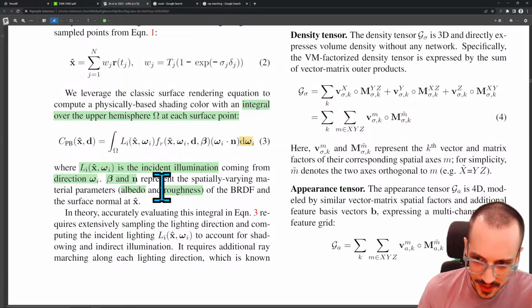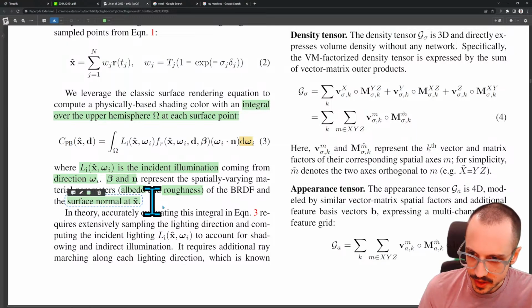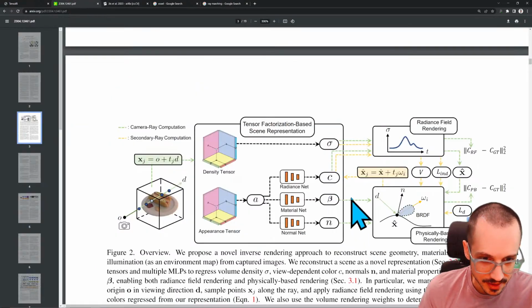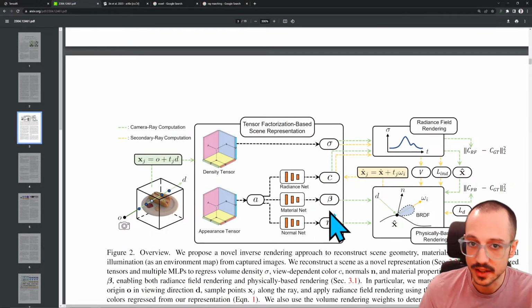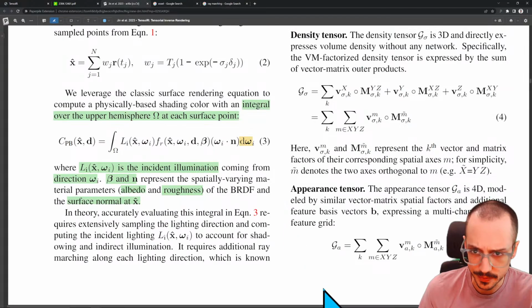Oh, yeah, okay. So beta represents albedo and roughness, and then n represents the surface normal. Okay, that makes more sense. I was like, why is n the roughness? That doesn't make any sense. So here we go, beta and n. Beta is the roughness and albedo, and then n is the normal vector. And there's two separate networks here to calculate that. The roughness comes from the material network, and then the normal network just gives you the vector.